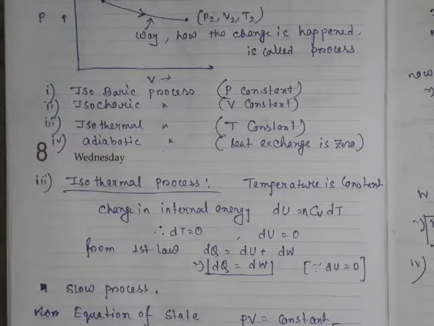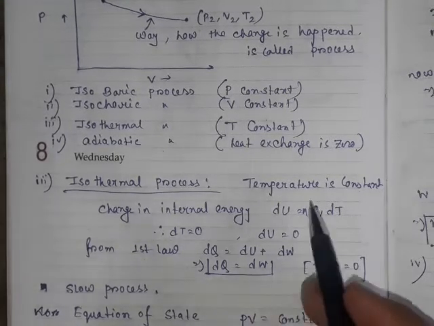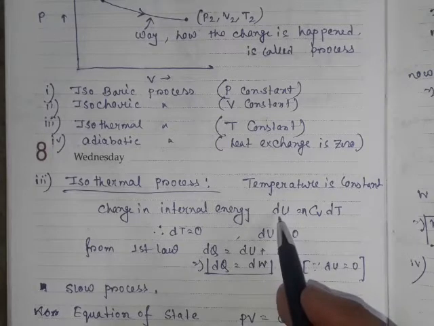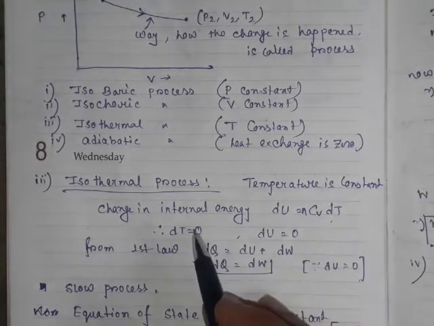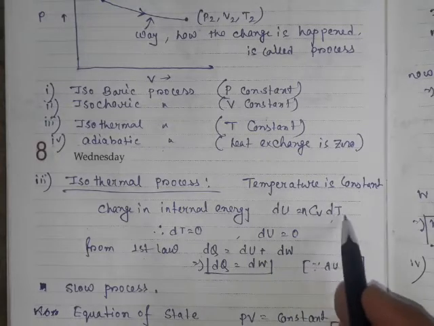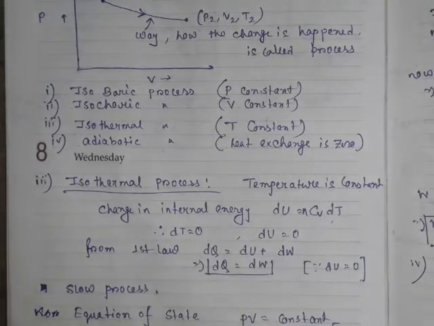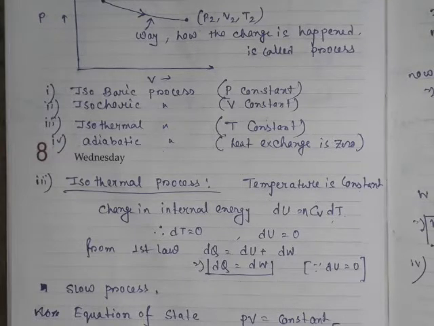And as we know from our previous discussion, du, the change in internal energy, is n into cv into dt. So if temperature doesn't change, dt is 0, that means du equals to 0. That means internal energy of the system remains constant during an isothermal process.